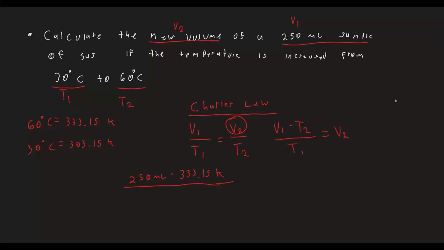We're then going to divide by our temperature 1, and our temperature 1 was 30C, which is 303.15 Kelvin. Punch that into the calculator, and we should get 275 milliliters.